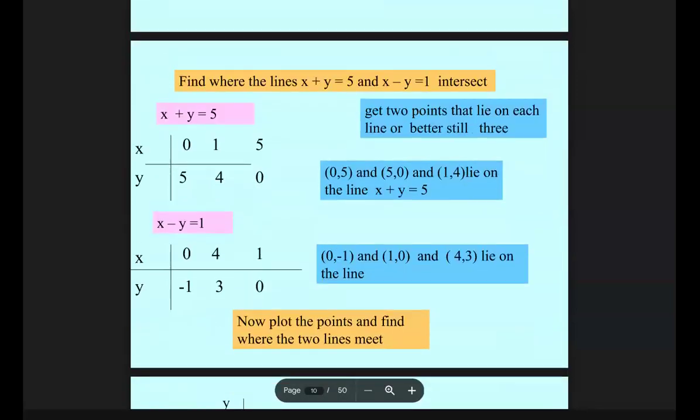That is what we have to do if we want to solve it graphically. The point where they meet is the solution for the equations.